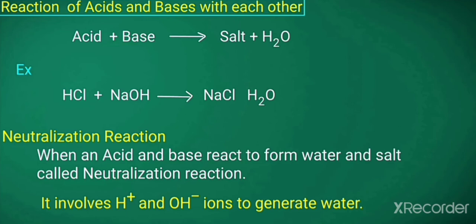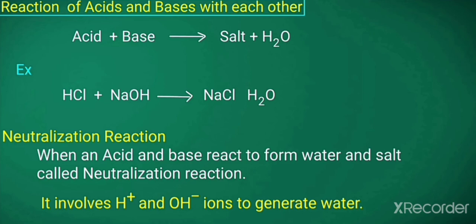Okay, neutralization reaction. When an acid and base react to form a salt and water, that reaction is known as neutralization reaction. They will ask you to define neutralization reaction. At that time you have to write: acid reacts with base, there is a formation of salt. Here, in the neutralization reaction, hydrogen and hydroxide ions generate water.